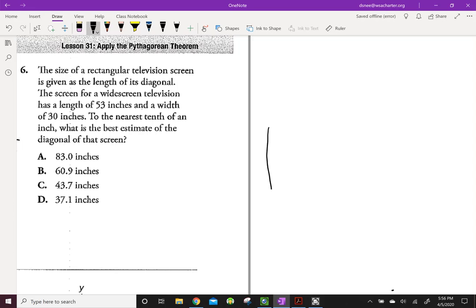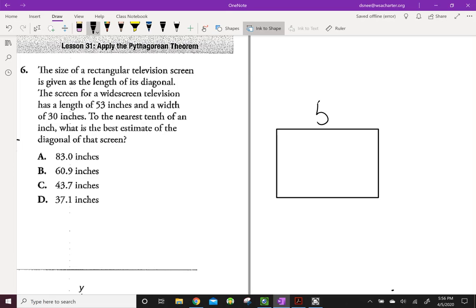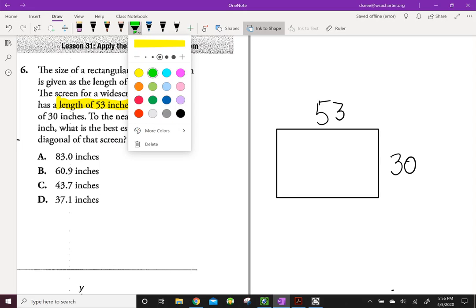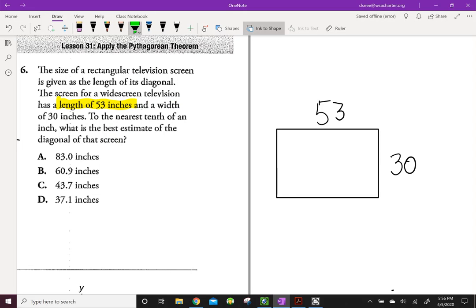I'm going to draw a rectangle. Okay. Oh, that's just a terrible rectangle. I'm gonna use this right here, and I'm gonna try this out. Okay, so it's 53 and it's 30. Okay, it tells me right over here 53 inches is my length and width 30 inches.